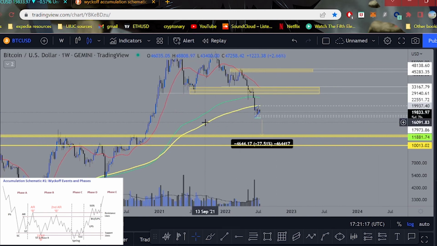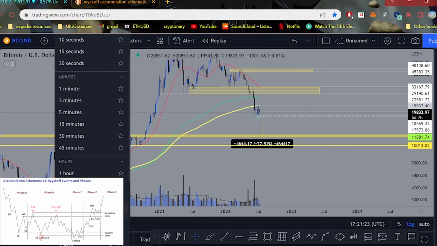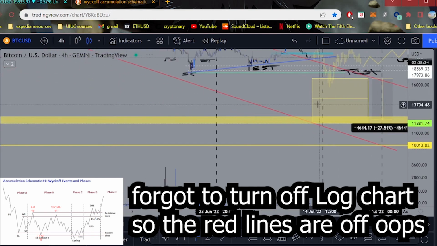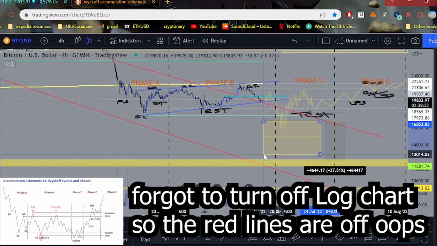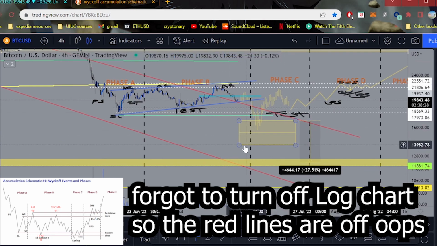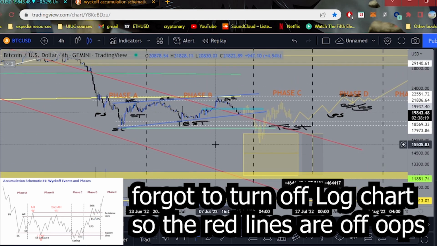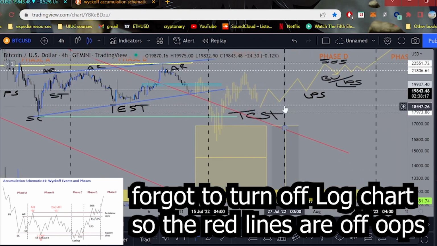I'm definitely looking at 16K first. 14 to 16K is my target, which is why I mapped this out originally at 14K right here about. But you never know. It could reach down here and hit this lower red trend line. We're just going to have to see.